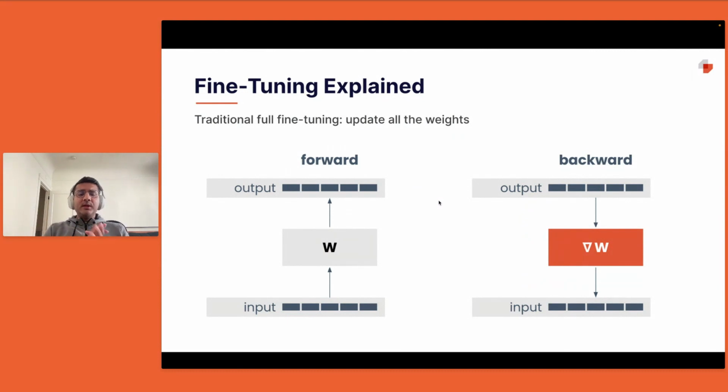And typically, once you do that, you compare it against the actual expected token, and you can compute a backward pass, which is essentially geared towards updating the weights in your model to minimize the error so that your model is learning and improving over time. And so that's represented with the delta W that you're seeing here on the right side.